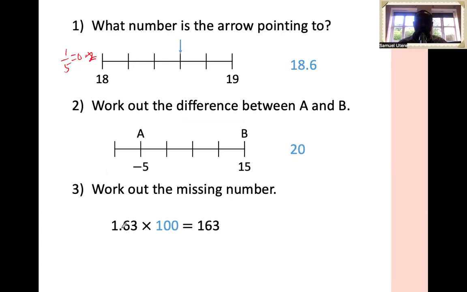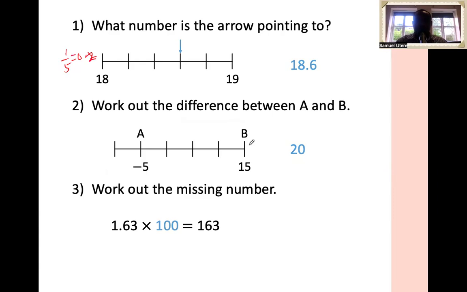So the tenth becomes the 10, the 100th becomes the unit. And so you have 163. This technique of knowing how to work with number lines is going to be useful when you read graphs.